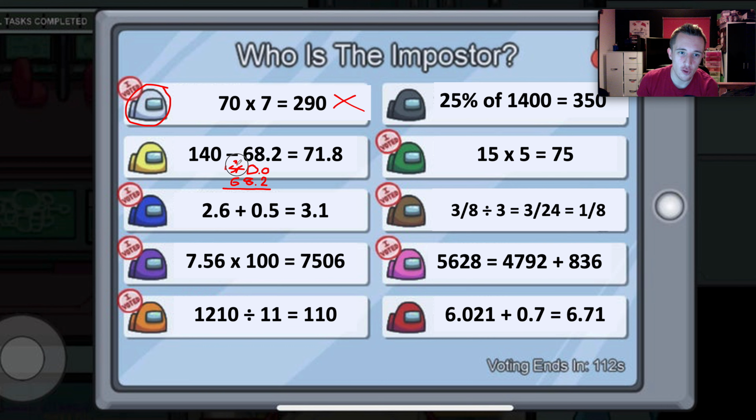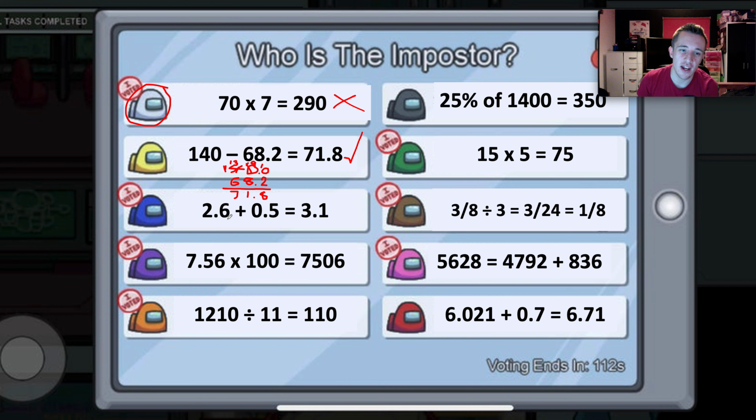That would become 3, which would then make that 10. We borrow from there, which makes that 9, which makes that 10. So 10 take away 2 is 8. 9 take away 8 is 1. 3 take away 6 we can't do, so we're going to borrow from here. So 13 take away 6 is 7. Put the decimal point in, 71.8. So this one here is correct.